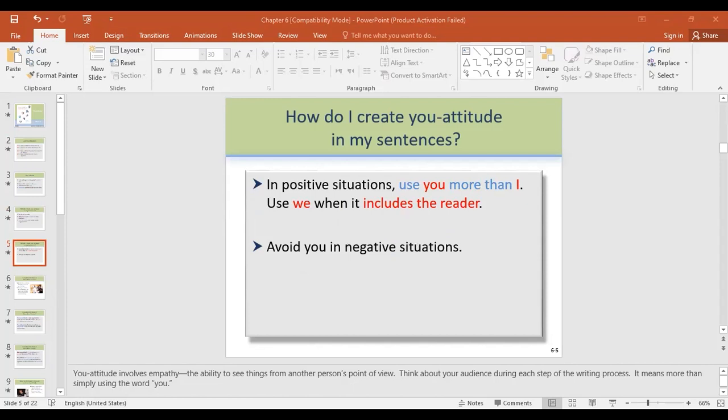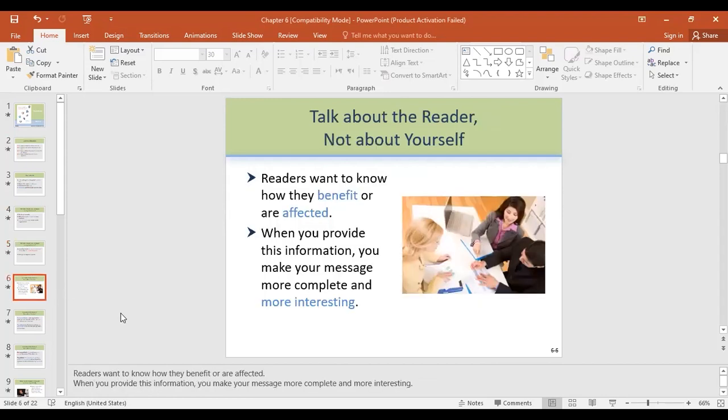Now let's start with the first point, which is talk about the reader, not about yourself. Readers want to know how they benefit or are affected. When you provide this information, you make your message more complete and more interesting.